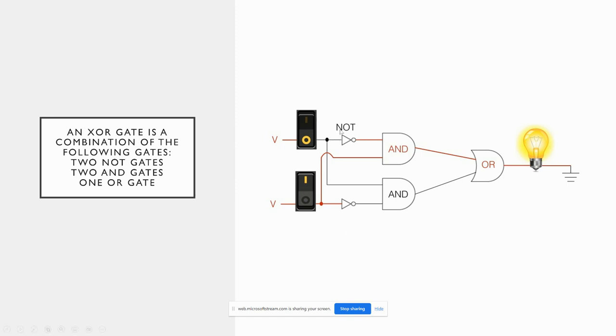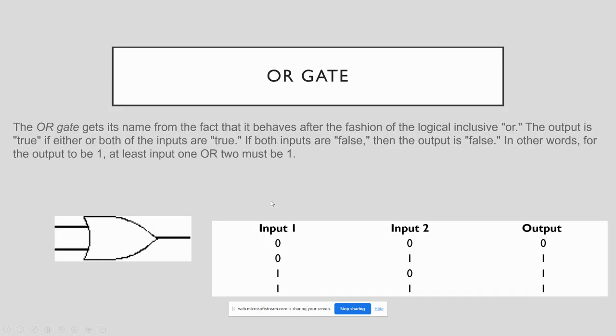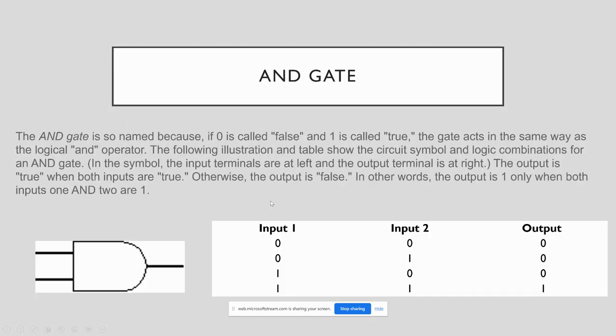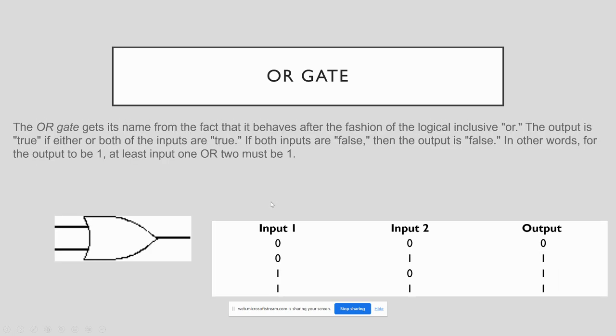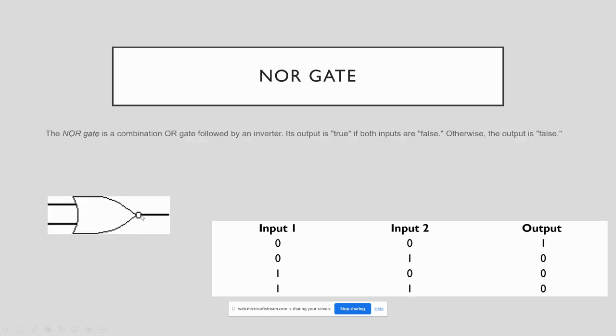Because all you have to do is see that this is the NOT gate, this is the AND, and here is the OR gate. If I want NOR, then we put the NOR gate, which is, here we go, the OR gate with a circle at the front.